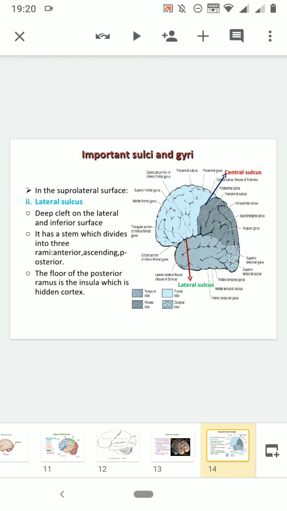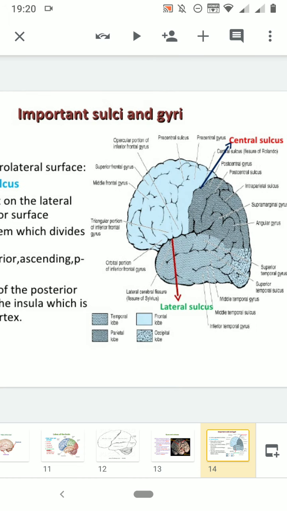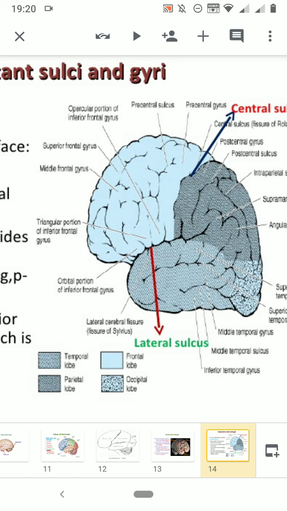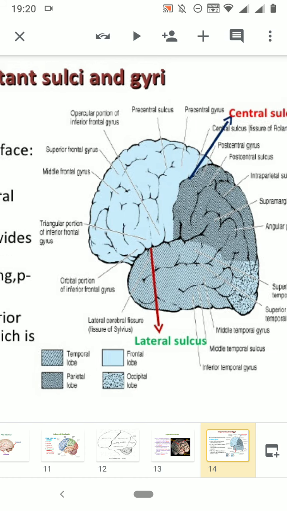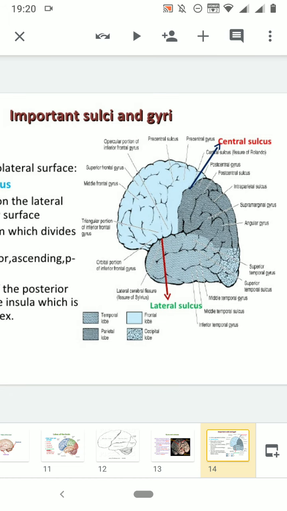Okay, so now coming to the importance of sulci and gyri, we have already talked about some of the important sulci and gyri, used to demarcate the lobes of the cerebrum. One of the important sulci is the lateral sulcus, or the Sylvian fissure. You can see over here it is marked. I told you it starts from the medial surface and comes to the superior lateral surface, and it continues as three branches.